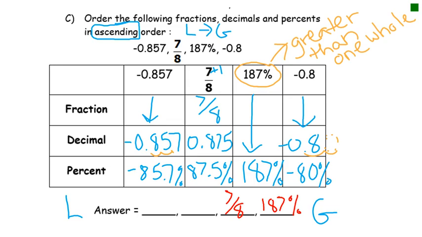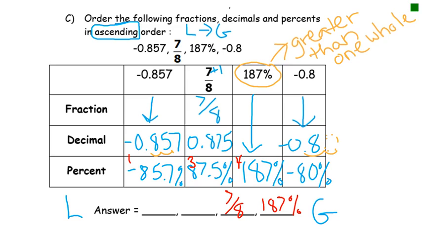So I've already decided that the 187% is the fourth one or the last one listed. And the other positive number, 7/8, is the third one listed. I have to look at the other 2. So I'm going least to greatest. I have negatives for the remaining 2 options. So the most negative is going to be the least. So negative 85.7% is the first number I'm listing because it is the most negative.